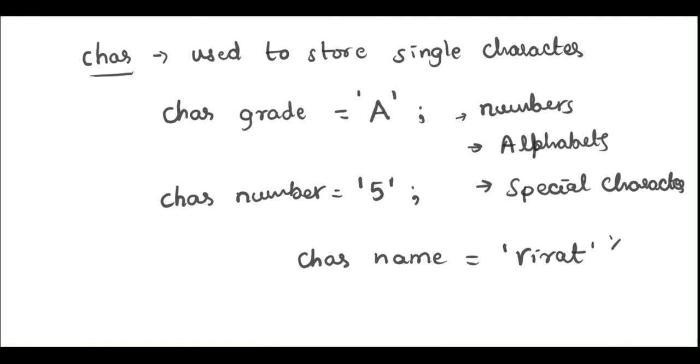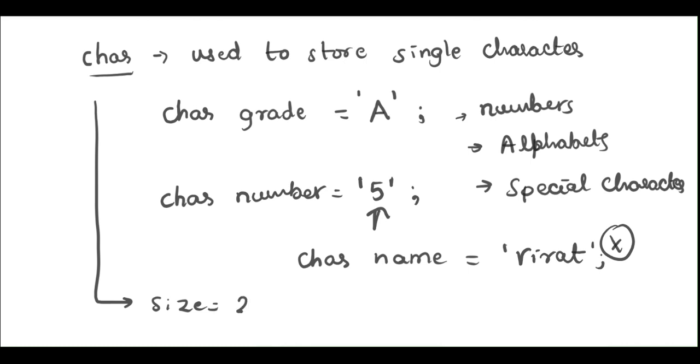So this is invalid. We can store only one character inside the char data type, and the size of the char data type is 2 bytes. That's nothing but 16 bits.